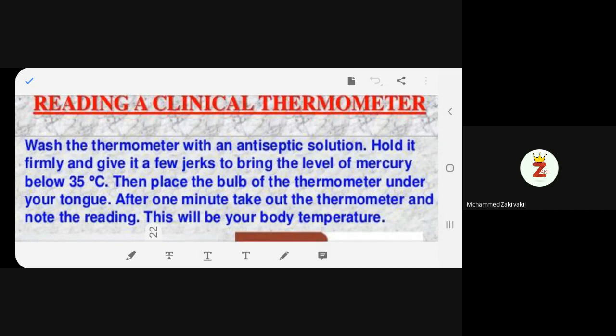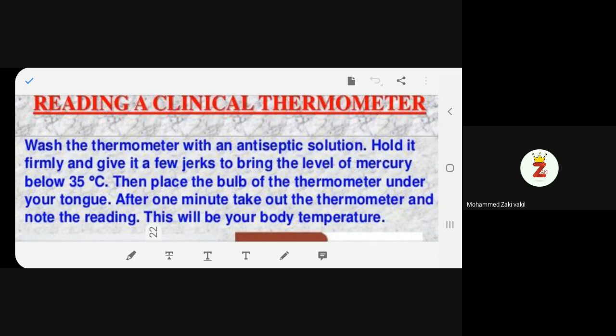Now, whenever you want to read the temperature of any person, what you have to do is clean the thermometer with an antiseptic solution. And after it dries up, you have to hold the thermometer and give it a few jerks. Why are we doing it? Because the mercury has to come down.